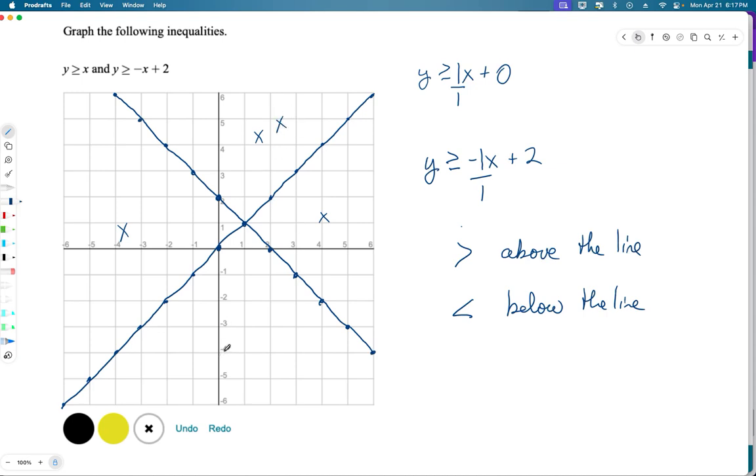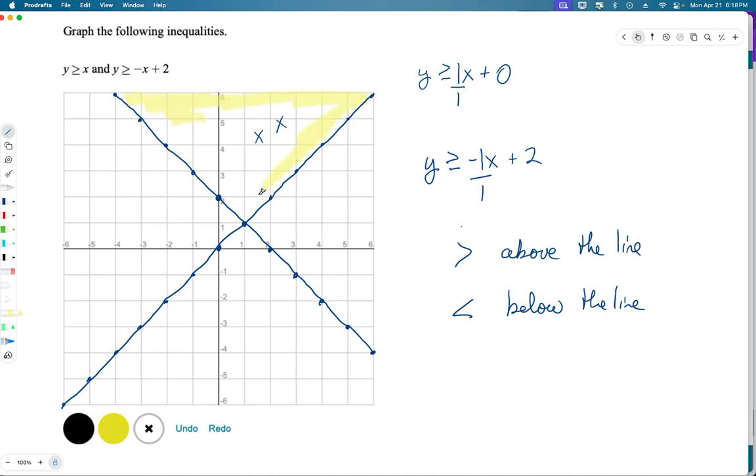The area that is true for both lines is the one that has the overlap, that has the 2 X's. It's true for the first line and it's true for the second line. So that is the one that we will shade in. So I'm going to use my highlighter and I'm going to make it yellow and I'm going to shade that part in.